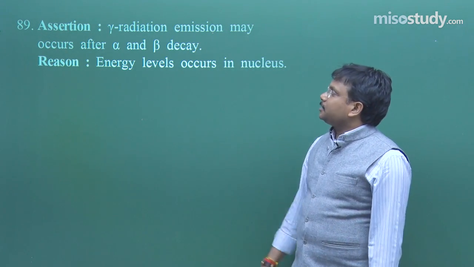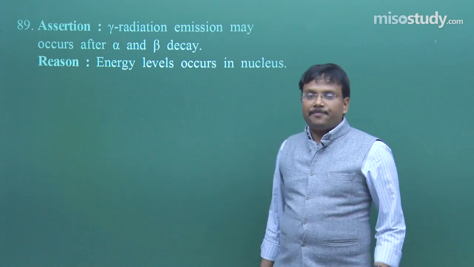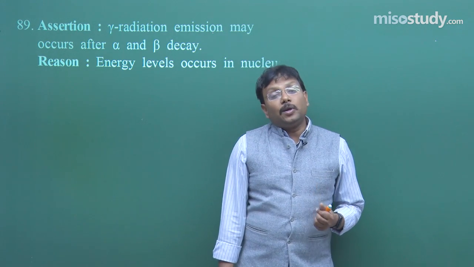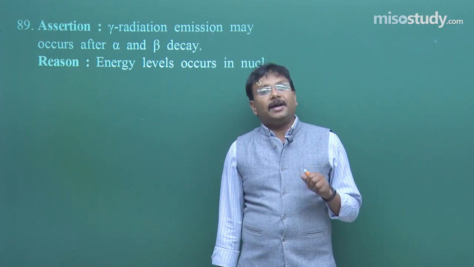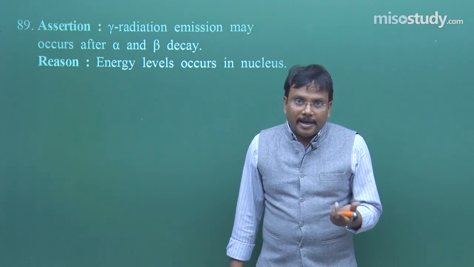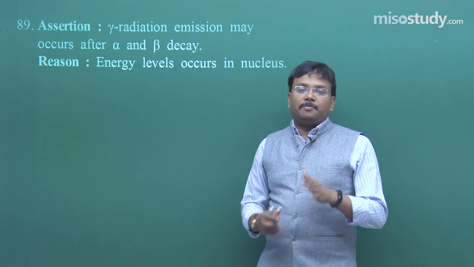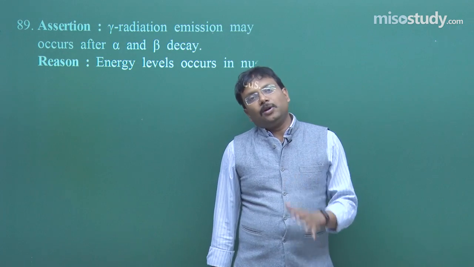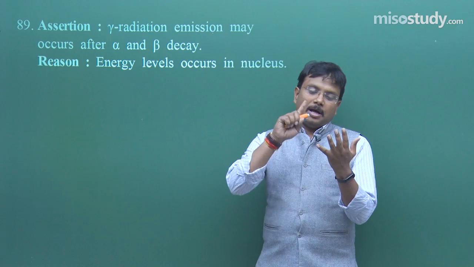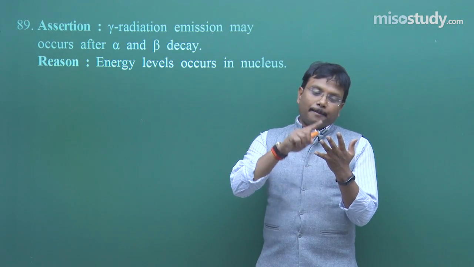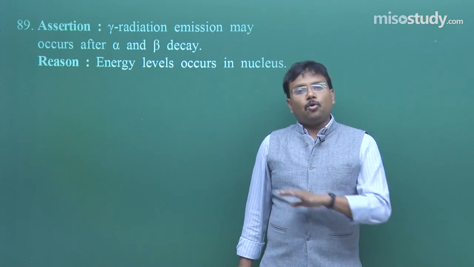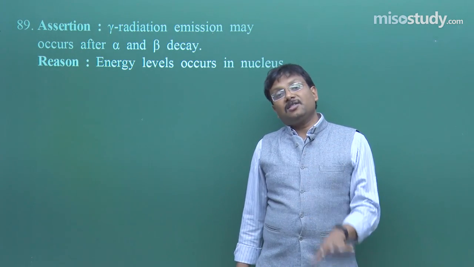How does gamma radiation emission take place? Actually, alpha beta emission takes place because a nucleus wants to reduce its size, fine, and this gamma is not a particle, it is an energy. So, this energy radiation takes place because during any nuclear reaction, energy, linear momentum, angular momentum, parity, baryon number, charge, lepton number and so on so forth, so many things must remain conserved.